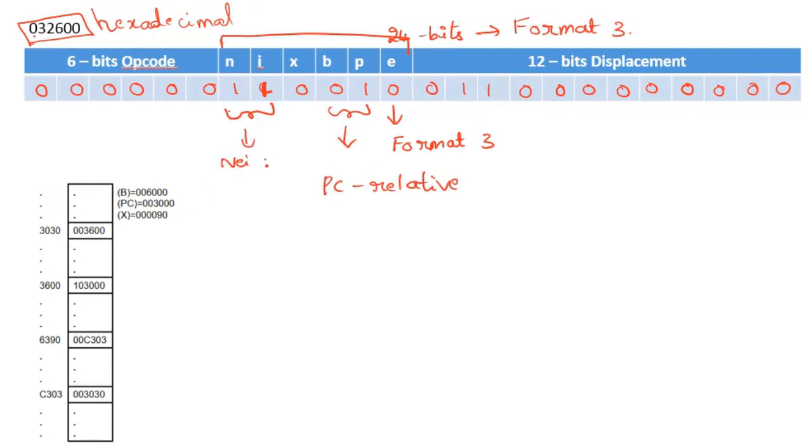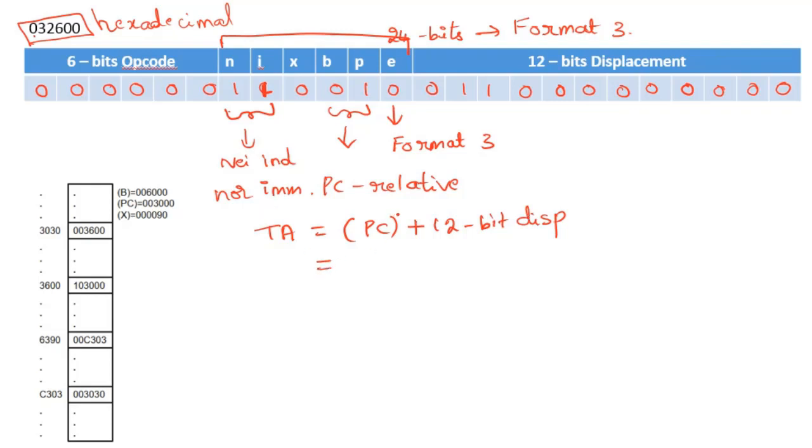This is neither indirect nor immediate. Right? So now how to compute the target address? Addressing mode is PC relative, right? How to compute the target address in case of PC relative? PC contents has to be added with 12-bit displacement, and we are going to get the target address.